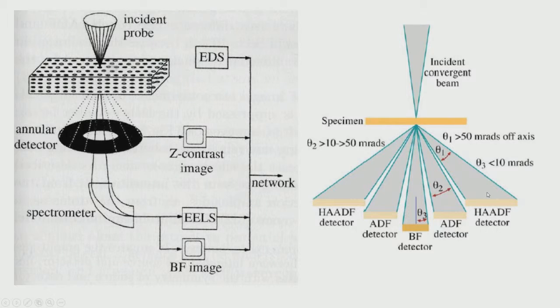Suppose in the sample, from a specific region, some high Z element is present surrounded by a low Z element. In this large angle, the intensity of the signal coming from the high Z element is going to be large, depending upon Z, whereas the intensity of the signal from the low Z element in this direction is smaller.